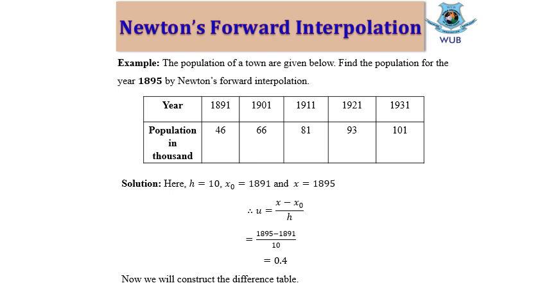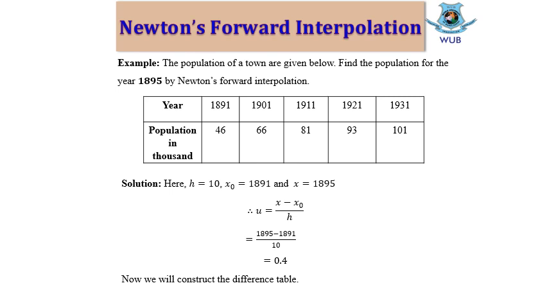That is, if you count x0 equals 1891, then x1 equals 1901, then x2 equals 1911, then you can find out h, because here the difference x1 minus x0 is 10. And you have to be careful that the difference between each two years is equal.